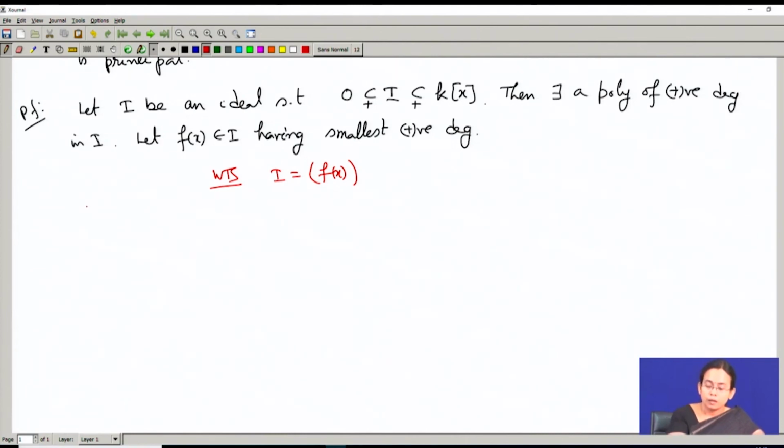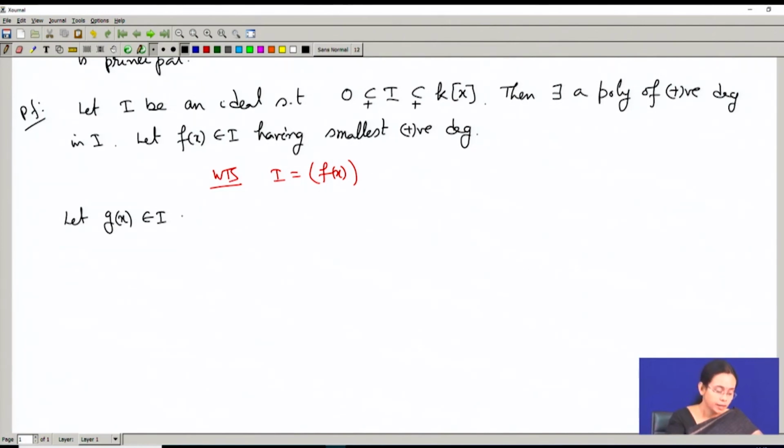Of course, any multiple of f(x) will be in the ideal because f(x) is in I, but let me choose any arbitrary element from this ideal I and try to show that it is a multiple of f(x). So let g(x) be any element in I. Then the degree of g(x) is greater than or equal to the degree of f(x), so I can apply the division algorithm.